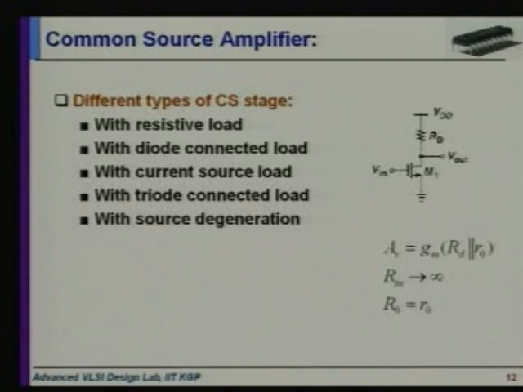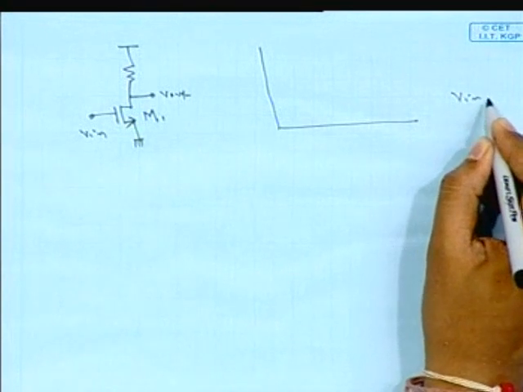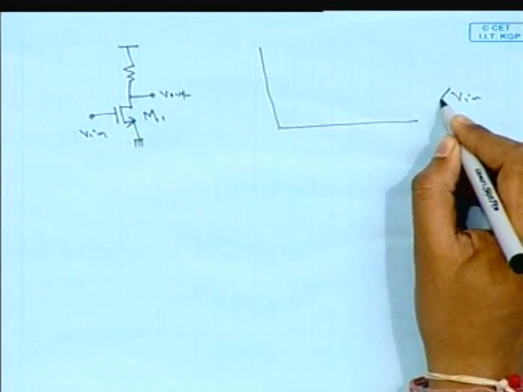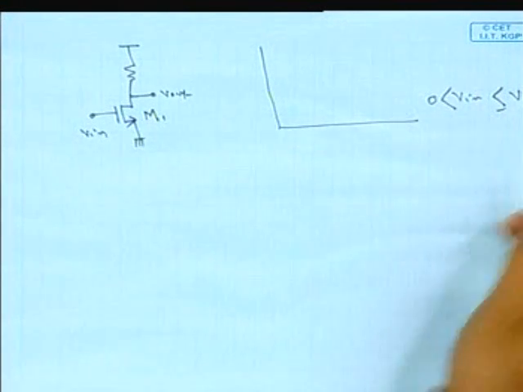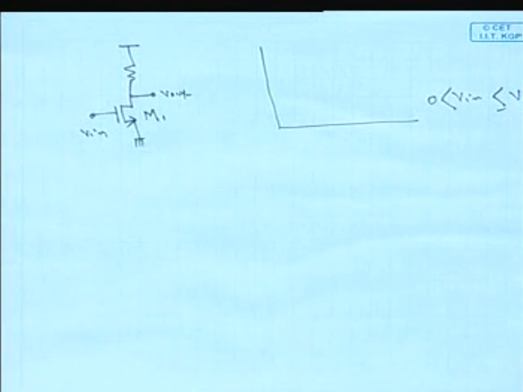Let us start with Vin equal to 0, and the range Vin greater than 0 but less than or equal to VTH, where VTH is the threshold voltage of the MOS. If Vin is in this region, then the MOS device will be in the cutoff region, so there will be no current through this MOS device.